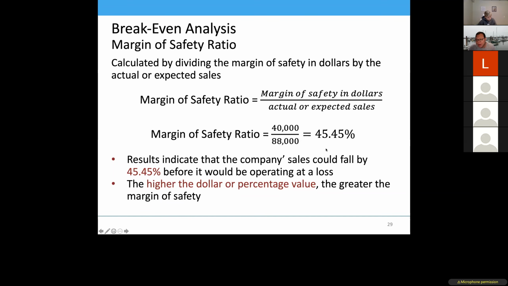The higher the percentage of the dollar value, the greater the margin of safety is, the better it is, right? You wish to have a larger number, right? You wish to have a larger number, okay? Does this make sense? Okay.